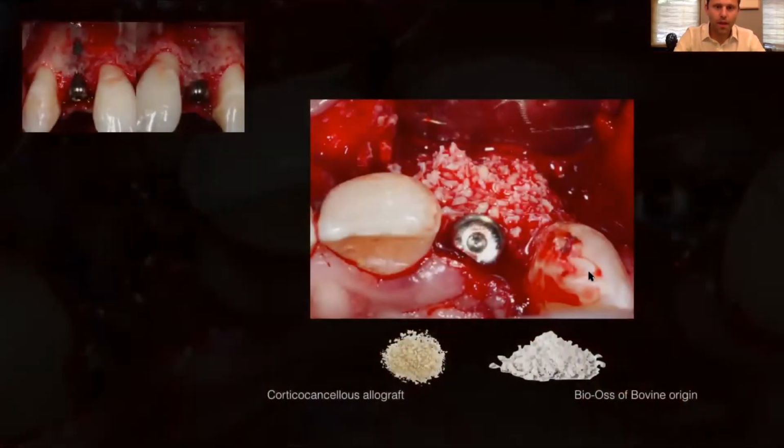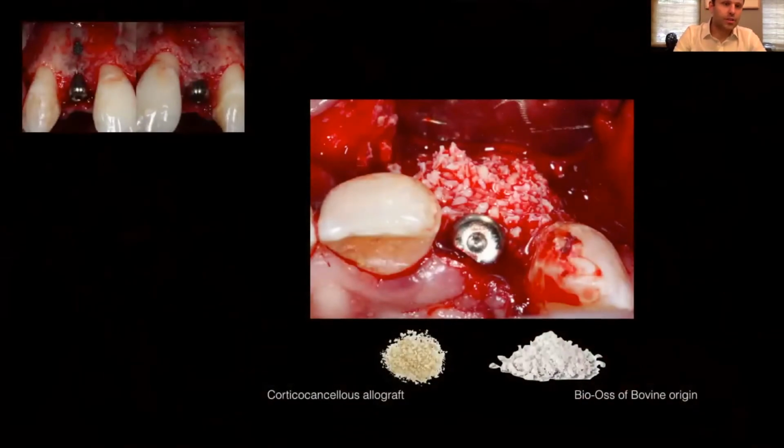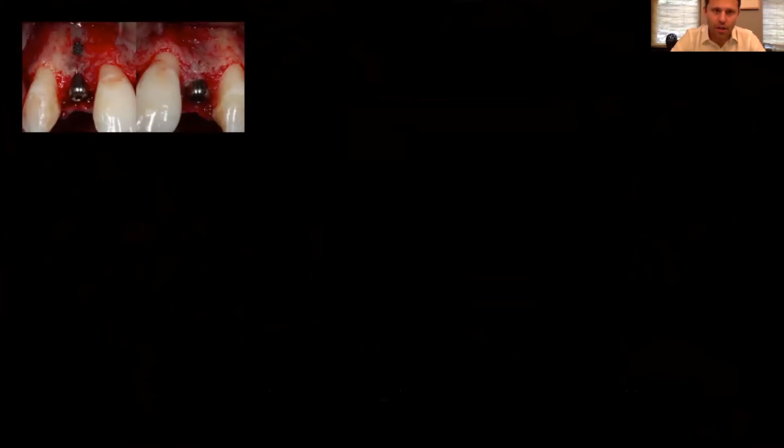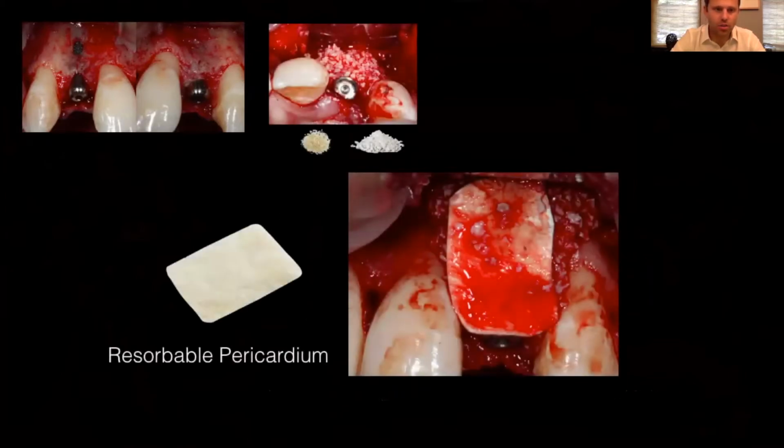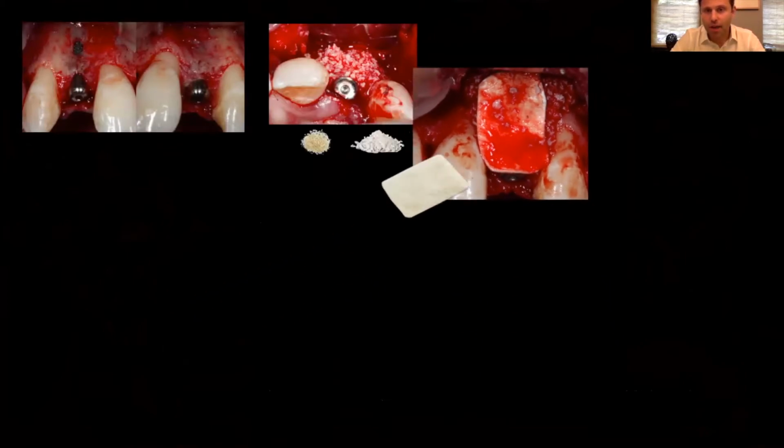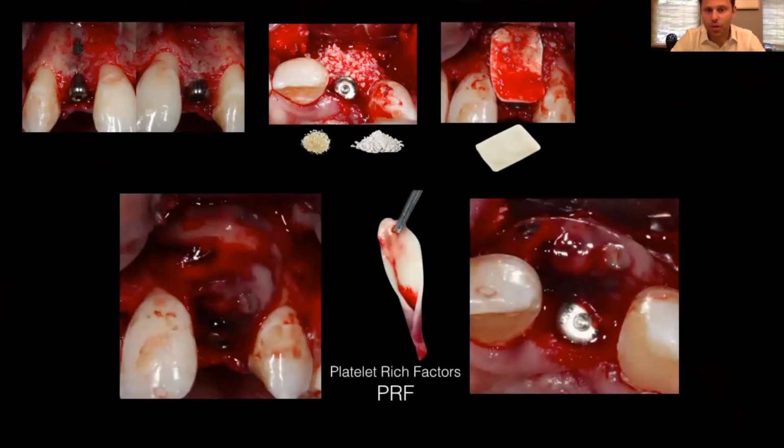So here is, as you can see, one area is fenestrated, the other area is not. The area that's fenestrated, we used corticocancellous allograft material followed by BioOss. In the other area, we just used BioOss. Then we put a resorbable pericardium membrane, followed by holding everything together with PRF.